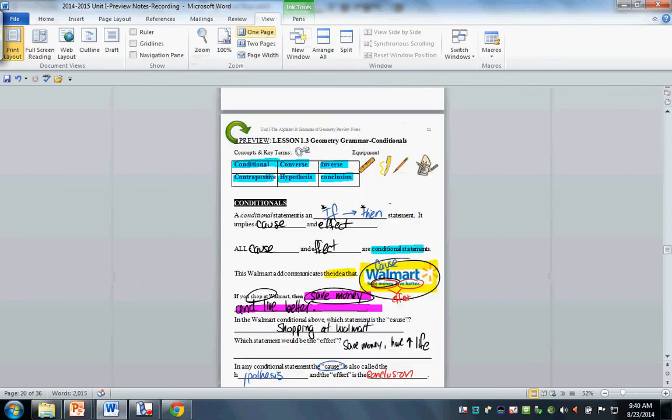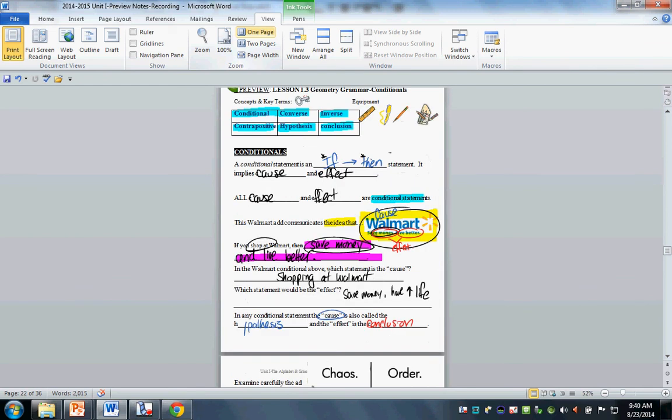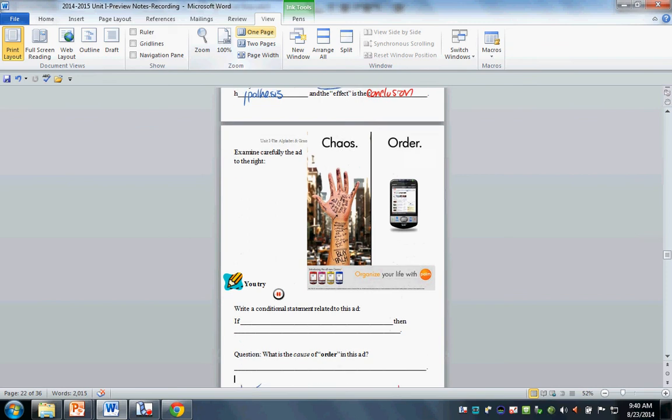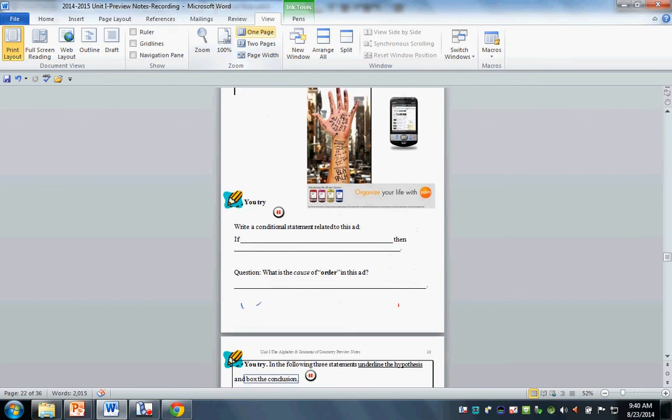Every time you look at a commercial, every time you see an ad on the internet, every time you see a magazine full-page ad, it is communicating if you buy this product, or if you go to this destination, or if you use this particular service, then something's going to happen. It's a conditional statement. It's implied.